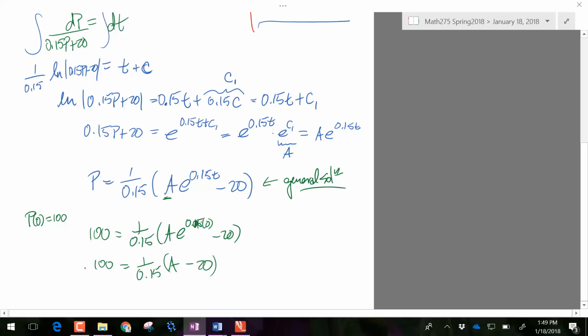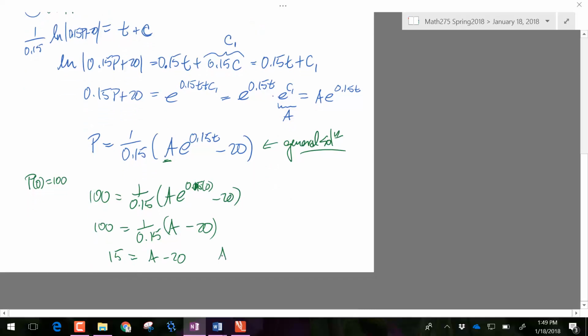So let's multiply this by 0.15 on both sides. Is that 15? And then A is equal to 35. So now we can write our particular solution, P of t is equal to 1 over 0.15 times 35 e to the 0.15t minus 20.